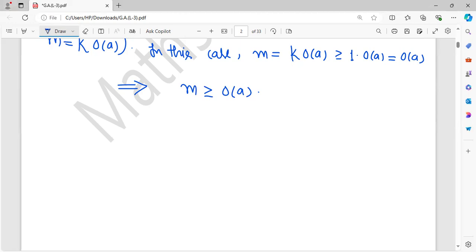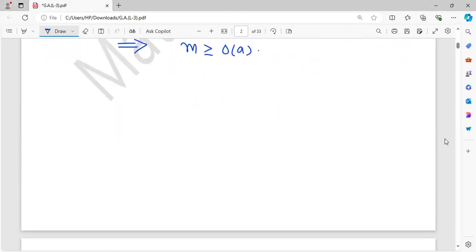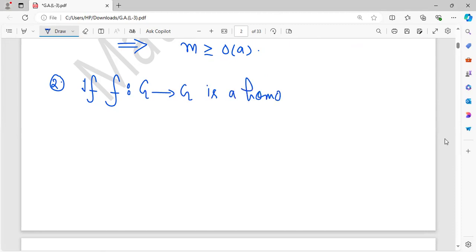Second note is that if f from G to G' is a homomorphism, then identity always maps to identity.